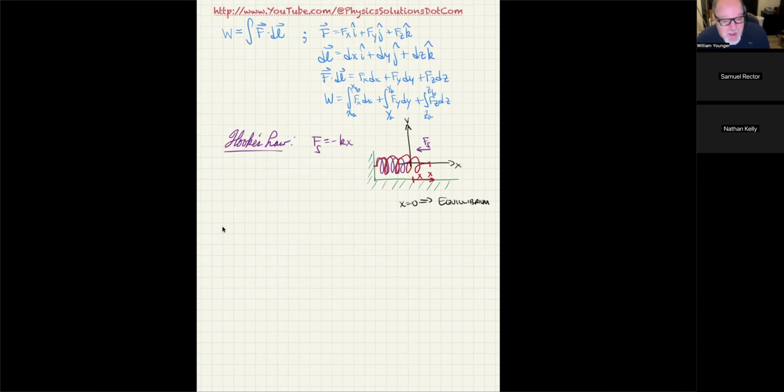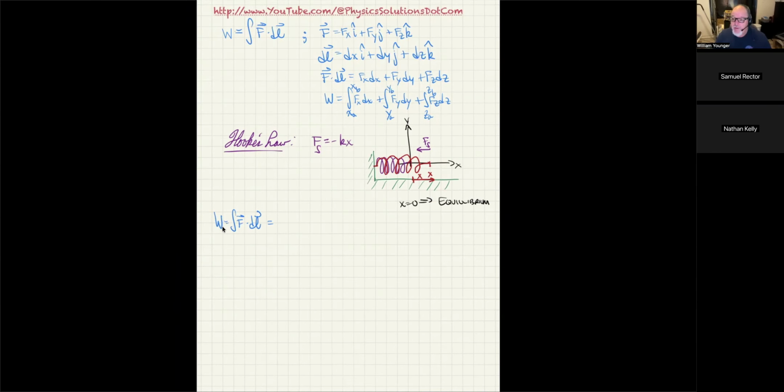Now, with that in mind, what we want to do is calculate the work a person does to stretch or compress a spring from its normal unstretched length xa, which equals 0, to an extra length xb equals x. So that's what we're going to do. And the way we're going to do it is this: work is equal to the integral of F dot dl. And I'm imagining that coordinate system that I have drawn right there.